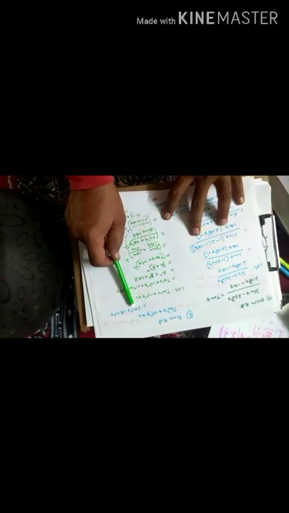Just I will explain once again. The given question is, prove that tan square theta plus cot square theta plus 2 is equal to sec square theta into cosec square theta. I took the LHS, that is tan square theta plus cot square theta plus 2 into tan theta cot theta, because tan theta and cot theta are reciprocals. If you multiply these two, again you will get 1 only, 1 into 2, 2 only. So there is no change in the value, but it is in the form of a square plus b square plus 2ab. Then you can write it as a plus b whole square, that is tan theta plus cot theta whole square.